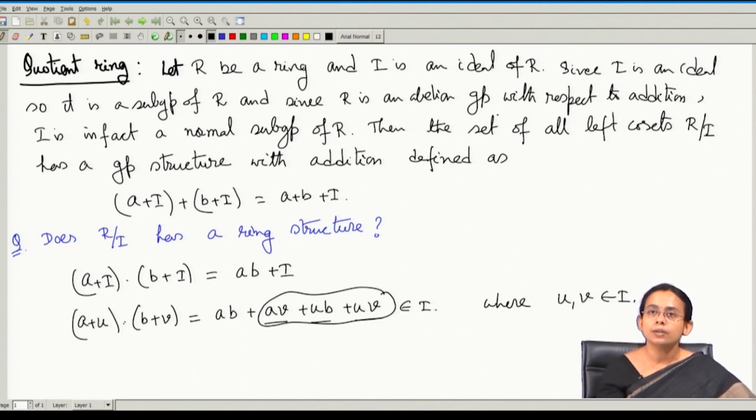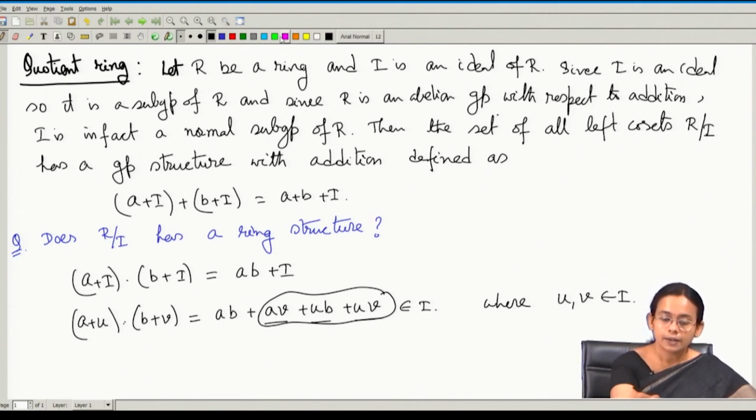If I just want to replace I with a left ideal or right ideal, then it will not be useful, because if I assume that I is a left ideal, then it will only be closed under left multiplication. That will imply that this av will be in I, but it does not imply that ub is in I, because I am multiplying b from the right hand side.